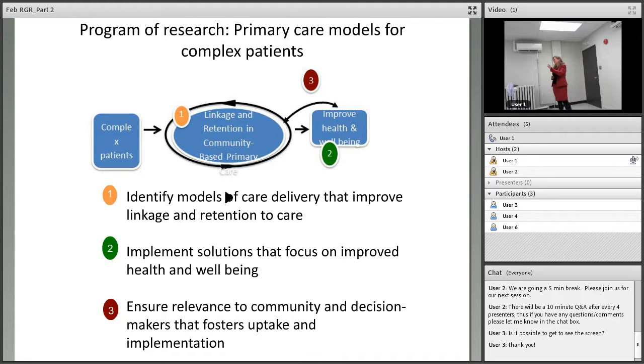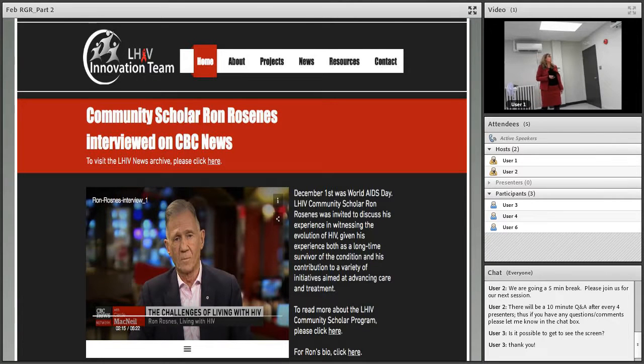The other piece incorporated into that is linkage to community resources and self-management support for people living with HIV. Kevin Potty brought up before that we have created this clinical scholars program in the Live Innovation Team, with 3 patient partners from across Canada, Manitoba, Newfoundland, Ontario, who are formally identified as community scholars in our program.